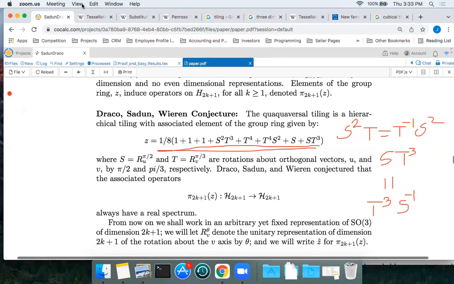So the two primary things of interest are to show that there are no eigenvectors near one. Well, to show that there's a spectral gap between the largest and second largest eigenvalue.